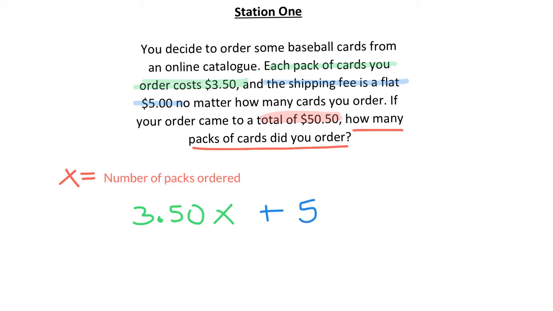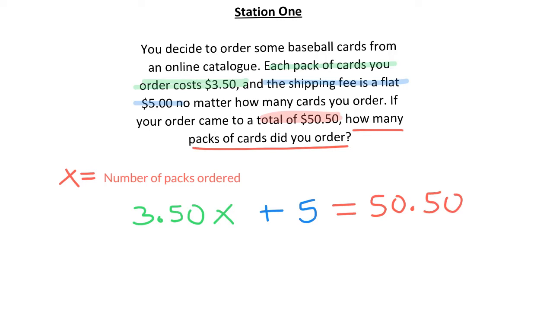Okay. So together, the green portion, how much the cards are costing me, plus the $5 shipping fee should equal, remember the total we highlighted in red, the total of $50.50. Okay, so there's my setup.